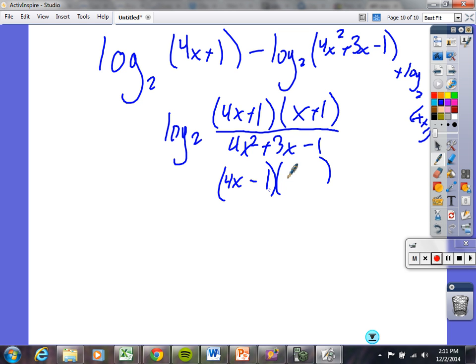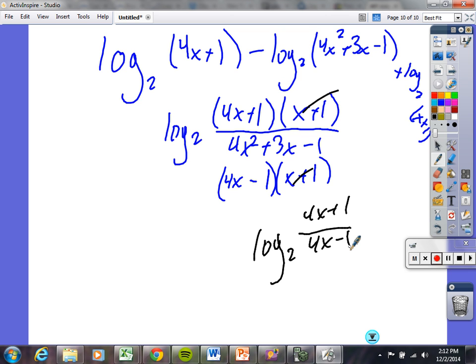That's a minus 1, x plus 1. Because 4x plus x is 5x, minus... 4x minus x is 3x, right? Minus 1. So then what simplifies out? The x plus 1. So my answer technically is log base 2 of 4x plus 1 over 4x minus 1. That's it. It's a fairly simple day.